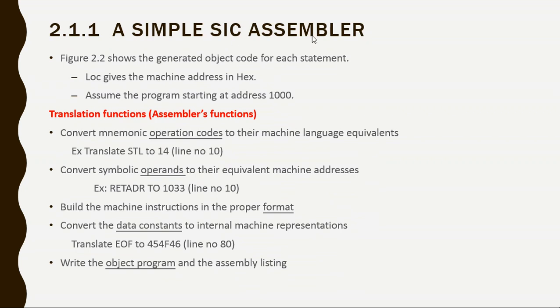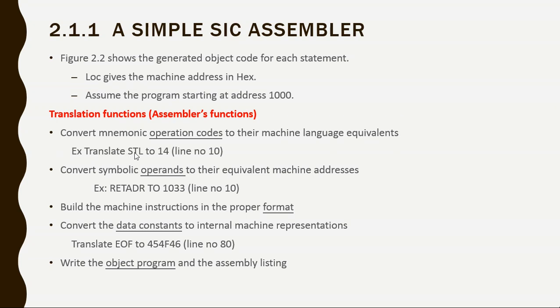In a simple SIC assembler, the location address will be in hexadecimal. If it is not specified, then the starting address will be 0. If it is specified in a program, then that address will be used to initialize the location counter. Then the assembler functions convert mnemonic operation codes to their machine language equivalent opcodes.